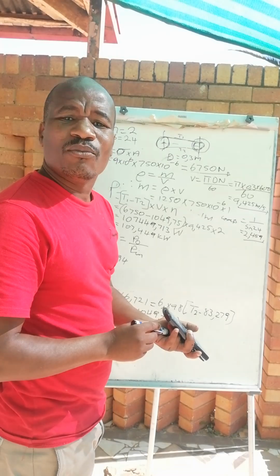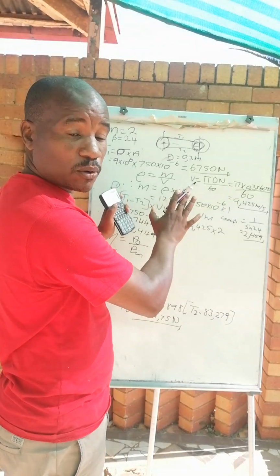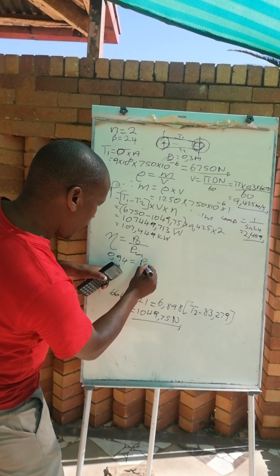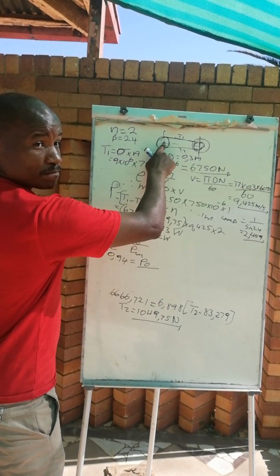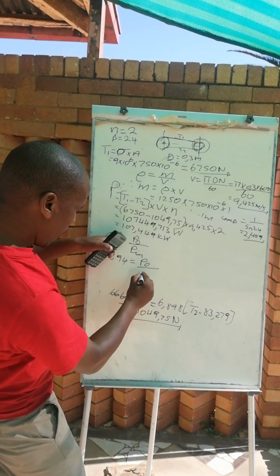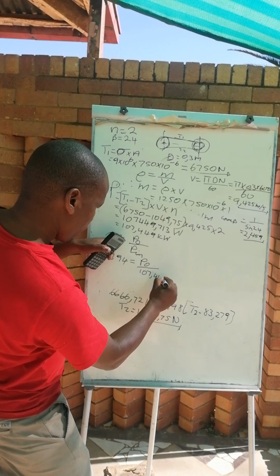That's where Mr. Massimo's problem was. Nothing else. There's nothing special about this problem. 0.94 is equal to the output over the input. The input to the driven pulley is equal to 107.44.